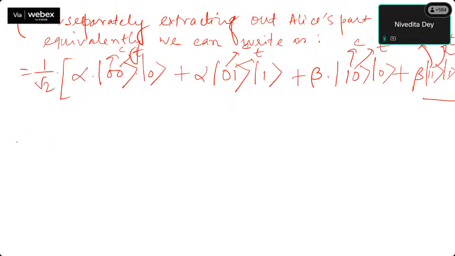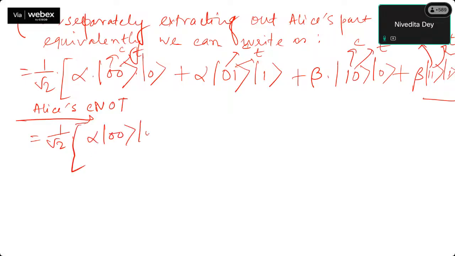Now what Alice is doing, Alice is applying her own CNOT. Now on Alice's CNOT, it will be like 1 by root 2. Control is 0, so no operation. Again control is 0, so no operation. Plus control is 1, so the target will be flipped to 1.